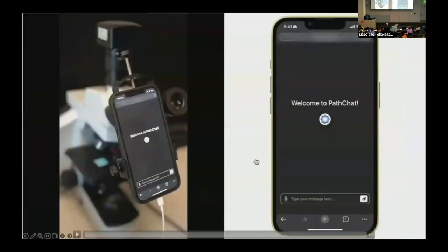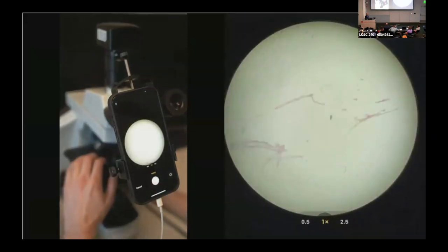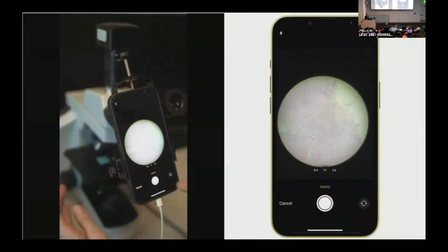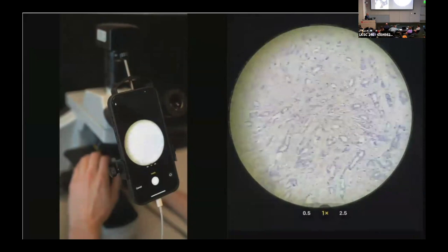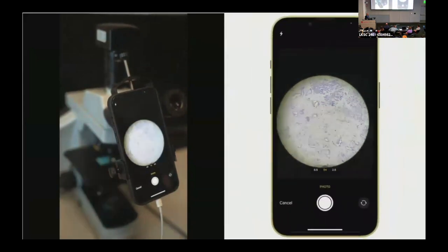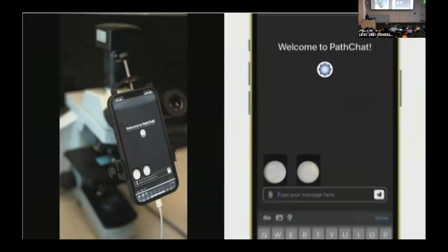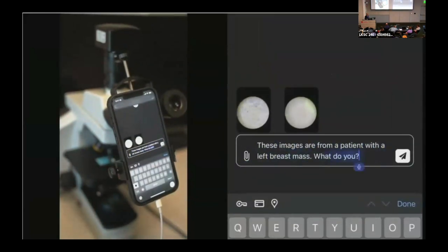And another use case is, of course, in lower resource settings, and we're very interested in this. It aims to be a single multimodal large language model that can harbor all information corresponding to human pathology. And if it can do that, it could be extremely useful in lower resource settings, where it's very common for medical professionals to take images of pathology slides and send them to their colleagues in more resource-rich settings. It's often done by coupling a camera to a microscope, or a cell phone to a microscope.